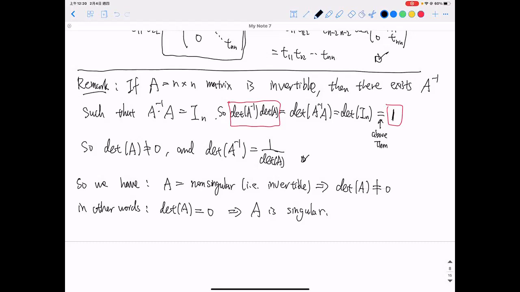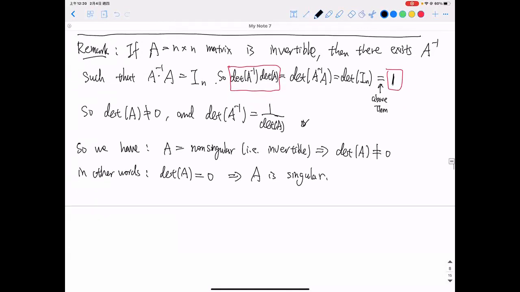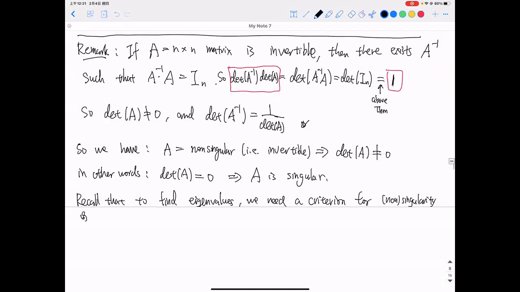Remember in the eigenvalue problem, recall that to find eigenvalues, we need a way, a criterion for non-singularity or singularity of a matrix.